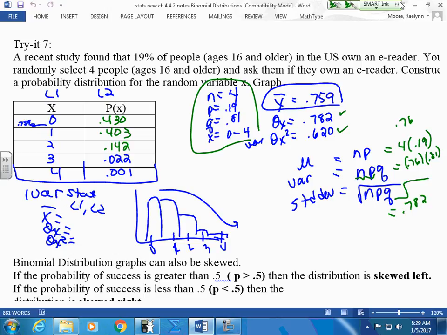So I want to show you that these formulas work before we actually go to use them. Table is small, L1, L2 works wonderfully. Table is a little bit bigger, and I don't want to go through putting that whole thing in my calculator, nor do I want to make a table for it, I use these. So do we agree that they work? Yes. Okay, so why would I need to use these?